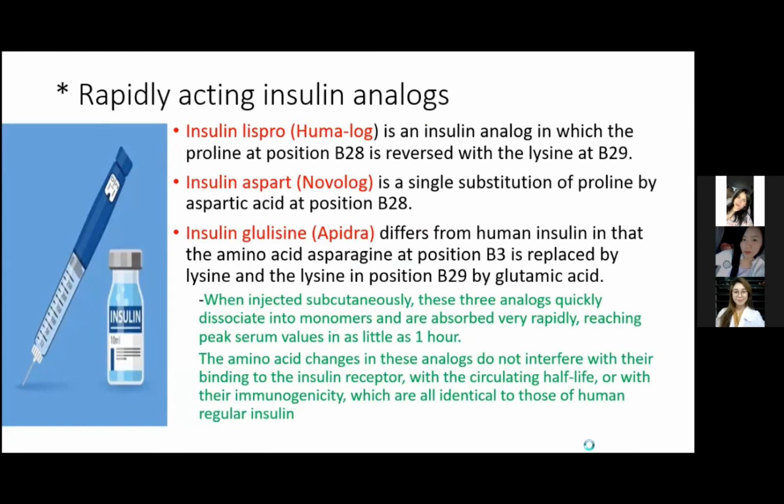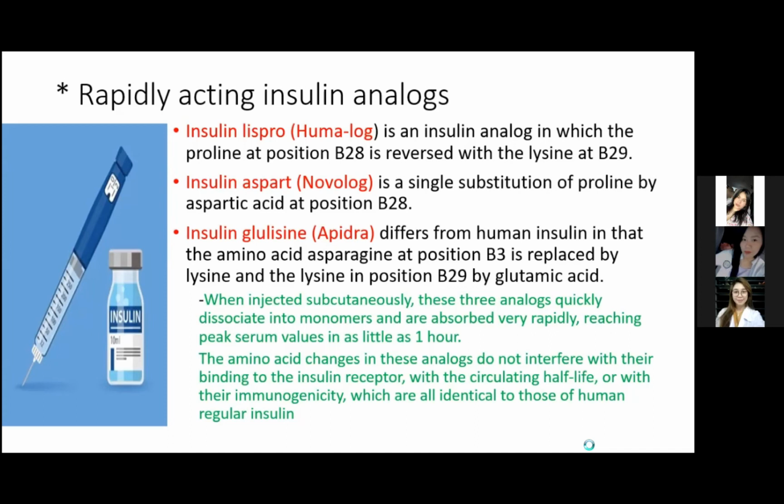The last one, we have insulin glulisine, brand name Apidra, that differs from human insulin in that the amino acid asparagine at position B3 is replaced by lysine and the lysine at position B29 by glutamic acid.